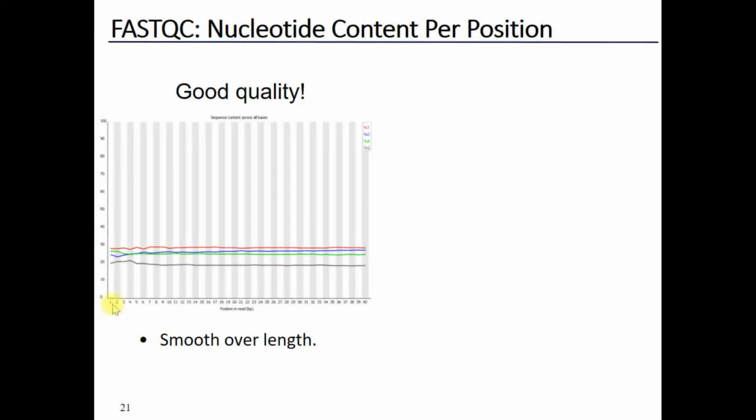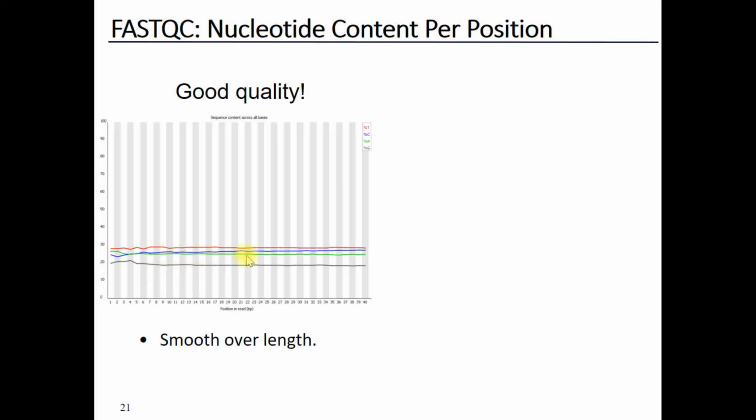And the third thing you need to look at is the nucleotide content per position. In this plot, the x-axis is the position in a read from 1 to 40. The y-axis is the percentage of the nucleotide content, the ACGT percentage averaged over each position. In a random library, we should expect there is no or little difference between the bases along a sequence run.